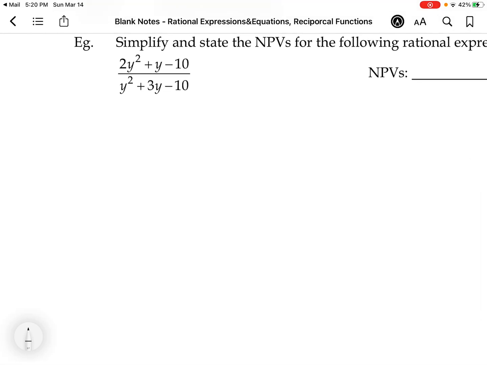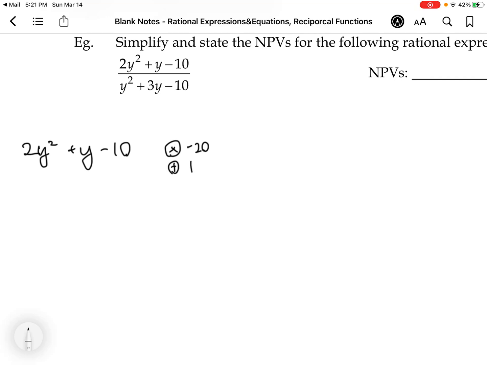Now this first one, 2y squared plus y minus 10, you may have to do a decomposition there, or you may want to try some guess and test. If I factor that separately, we can do decomposition first. For 2y squared plus y minus 10, you're looking for two numbers that multiply to 2 times negative 10, which is negative 20, and add to the coefficient of b, which is 1.